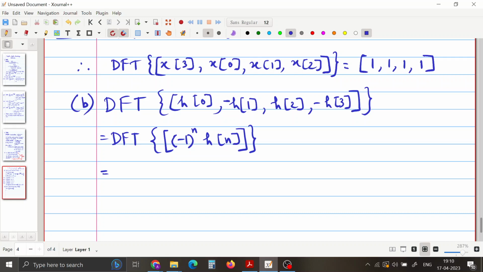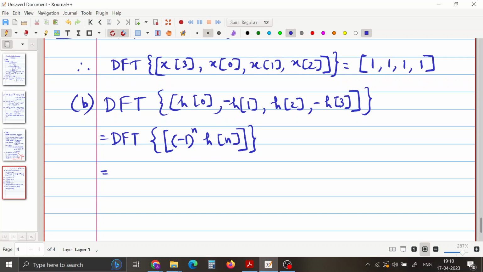So we don't directly see any such property that could be used in this case till this point, because we don't have a property where we have minus 1 to the power n times h of n, and then can directly take its DFT and relate it with the DFT of the original sequence h of n.